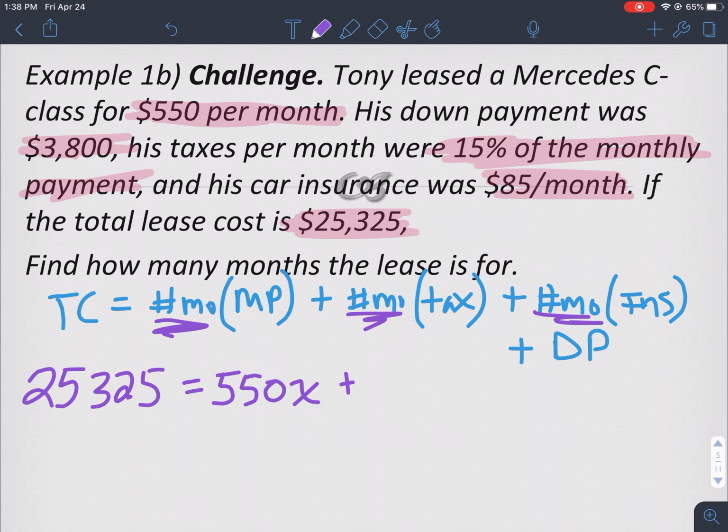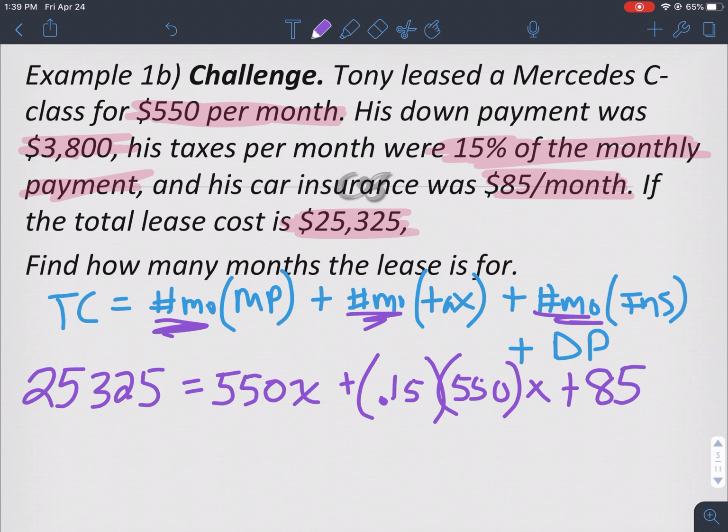So let's throw in that percent equation that we all know. 0.15 times 550, and then times the number of months X, plus $85 a month for insurance, and then plus the down payment.